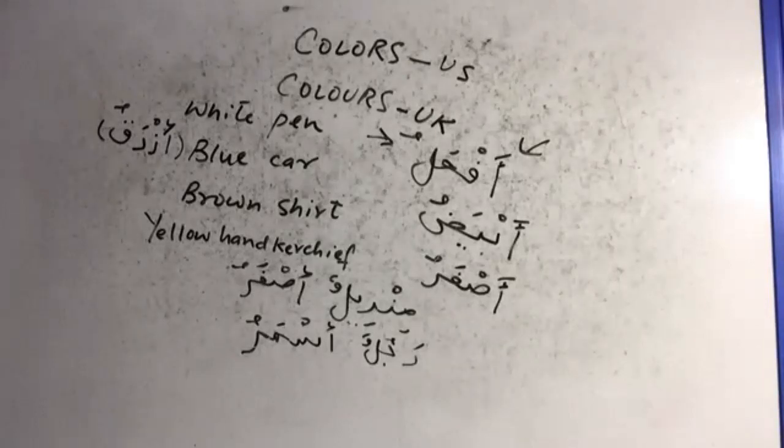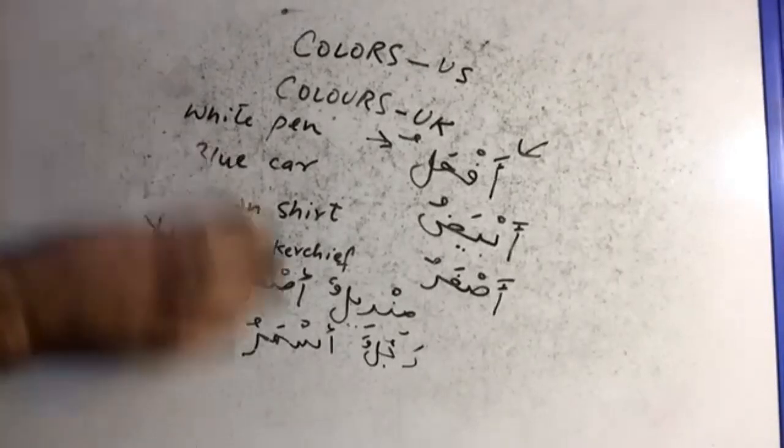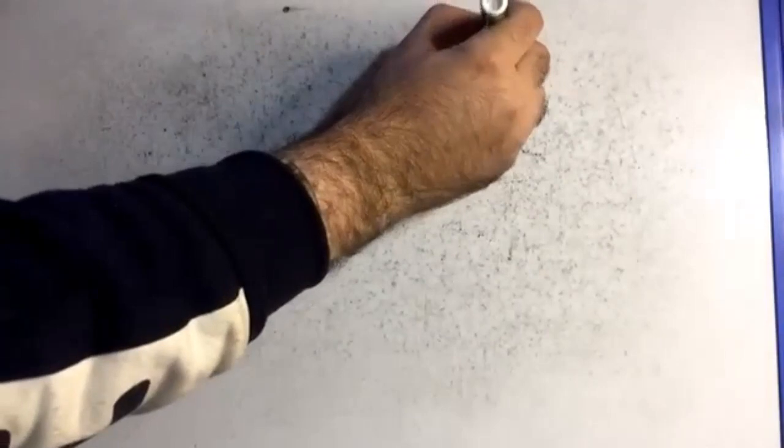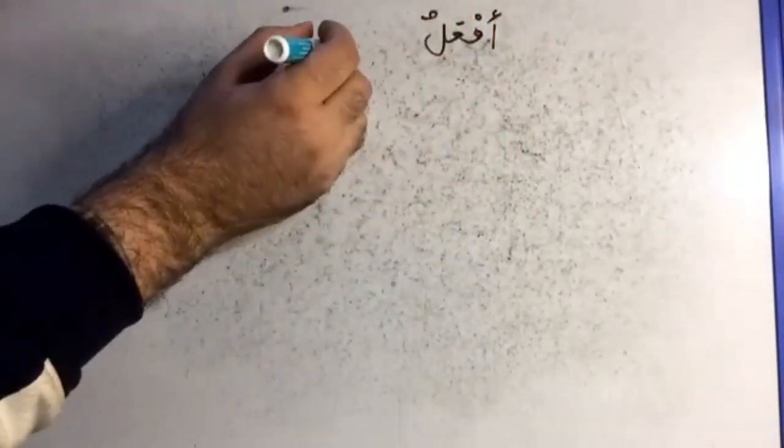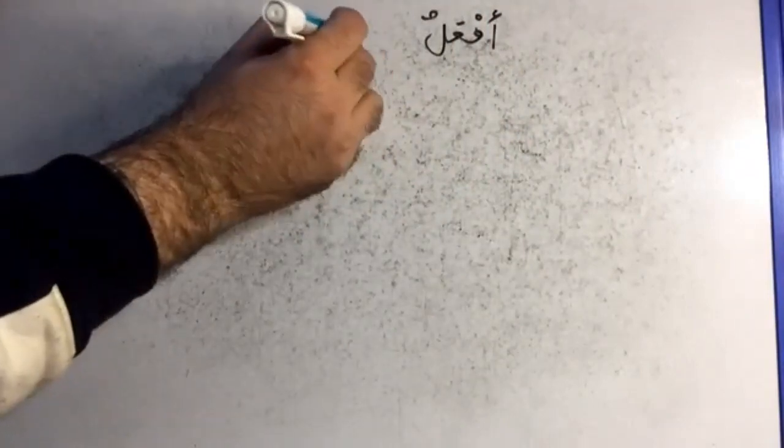But you have to memorize all of them, okay? And let me just do some more colors. You did write it down, right? So just memorize the masculine first, then we'll convert them into feminine. The masculine will be on this pattern of af'alu, and its feminine will be fu'ala.